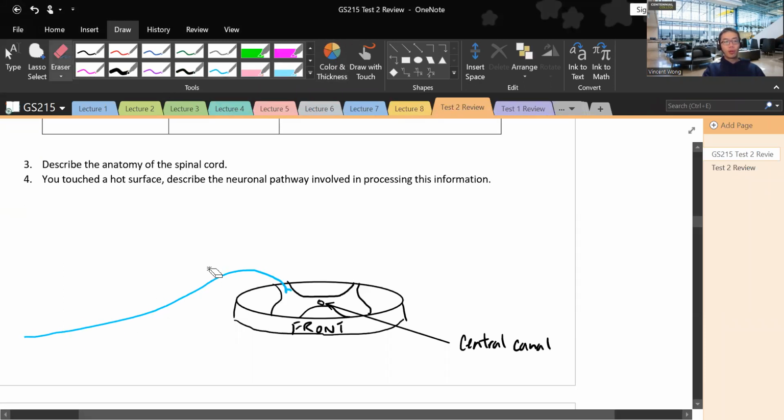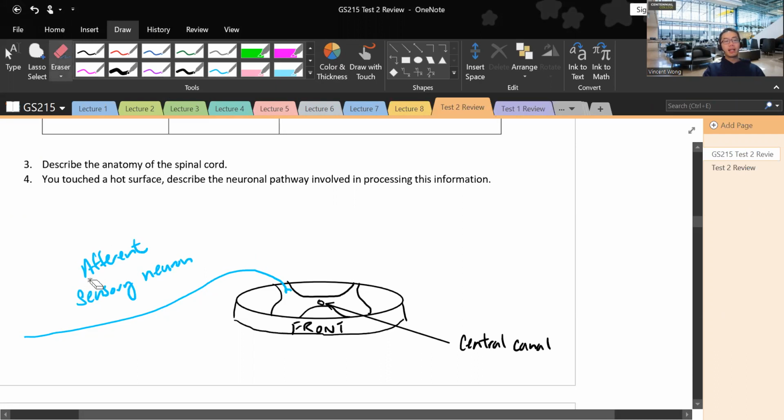What type of neuron is this blue one? Do you remember what type of neuron this is? It is the afferent actually, and it's sensory. That's right. So this is a sensory neuron, and it's afferent.